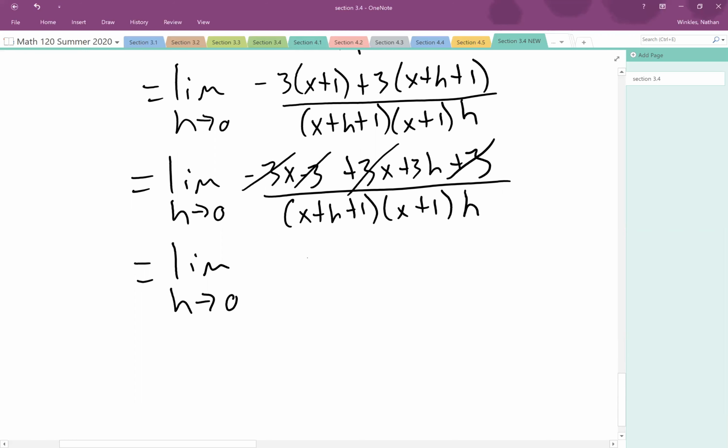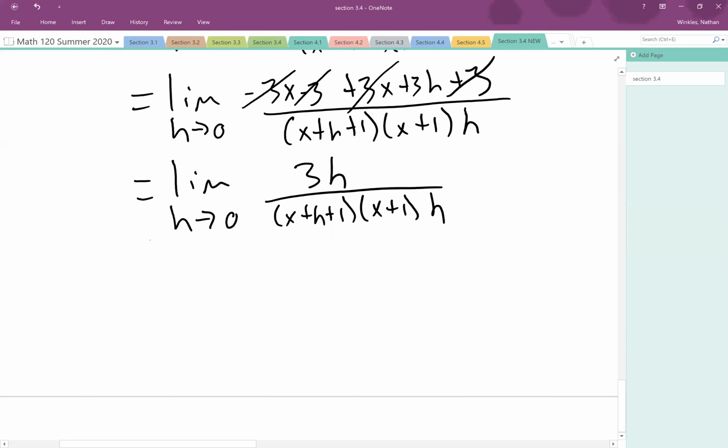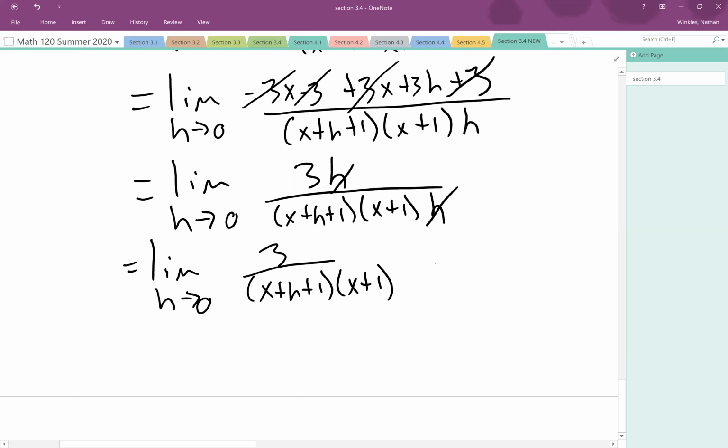Got a little ahead of myself. 3h is what we're left with up top, and then we have x plus h plus 1 times x plus 1 times h. Our h's can cancel out now, so we're left with 3 over x plus h plus 1 times x plus 1.